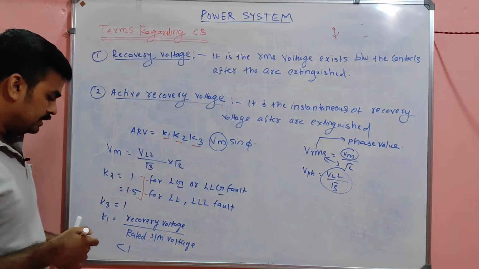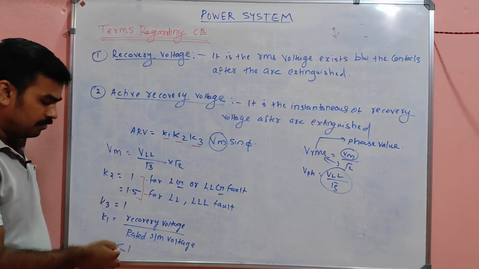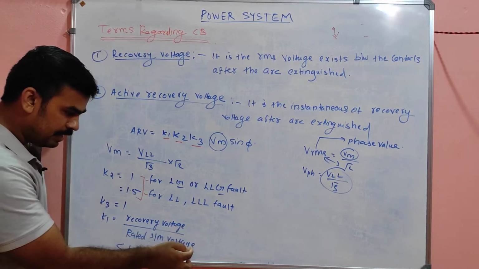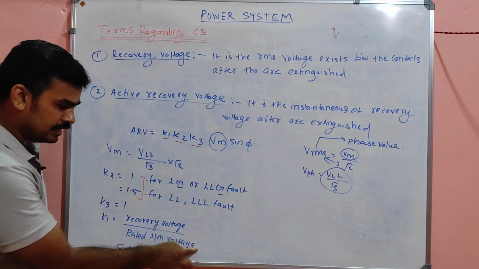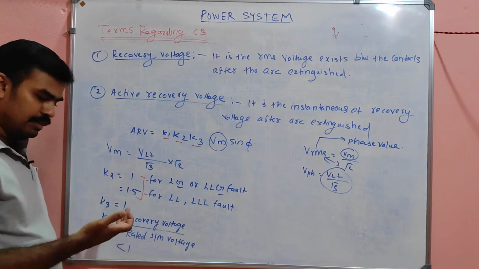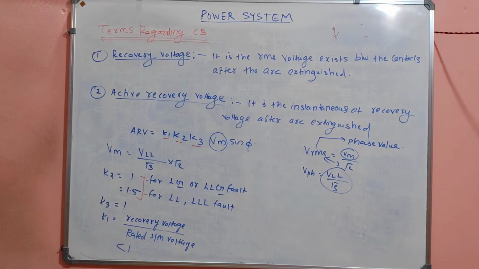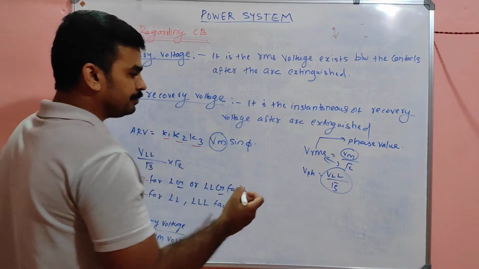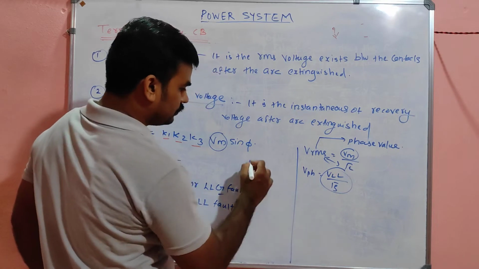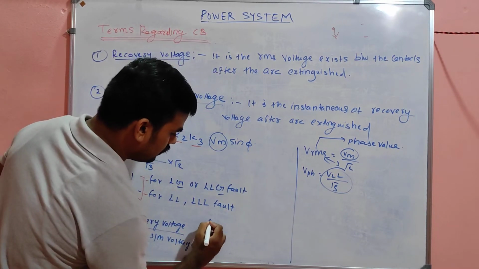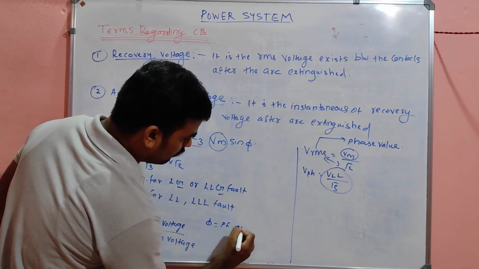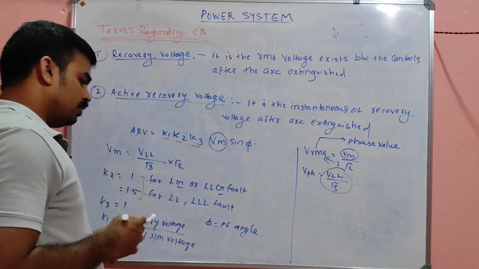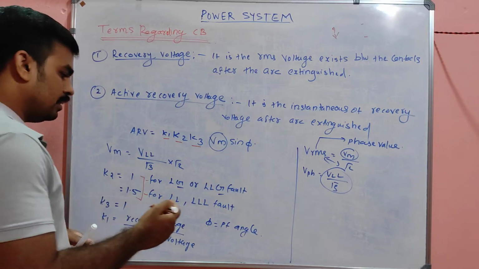So K1 will always be less than 1, because this will be greater and this will be lesser. That's all. And phi is nothing but the power factor angle.